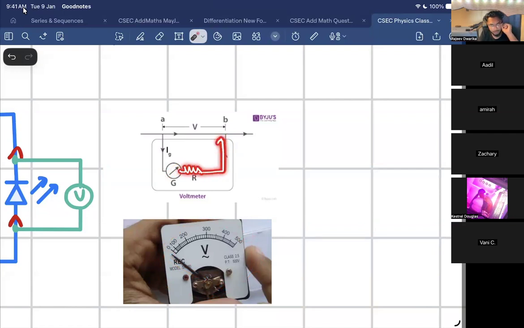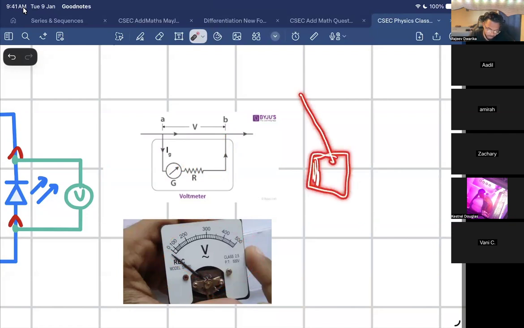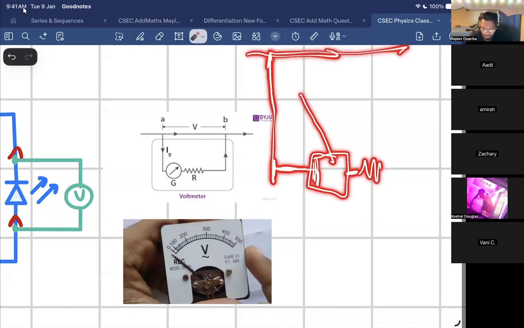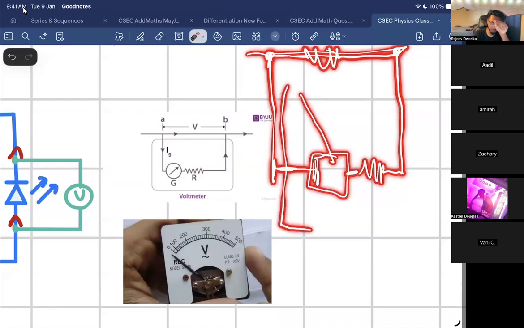You're connecting this part over here in parallel to your circuit, and then this part has a very high resistance and is connected back to the circuit. Let's just put a resistor in the middle. Say we want to measure the voltage across the resistor. This is what the voltmeter looks like on the inside. You have a galvanometer, and in series with the galvanometer, you have a very high resistance.